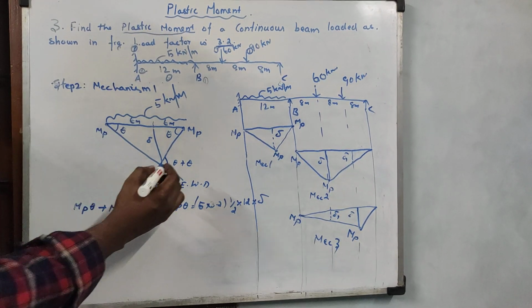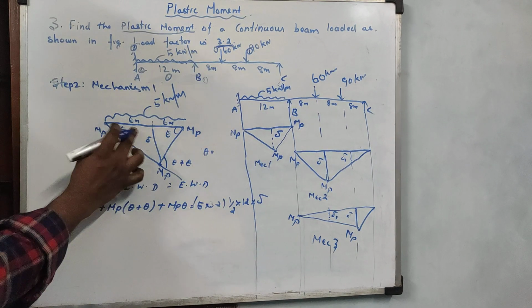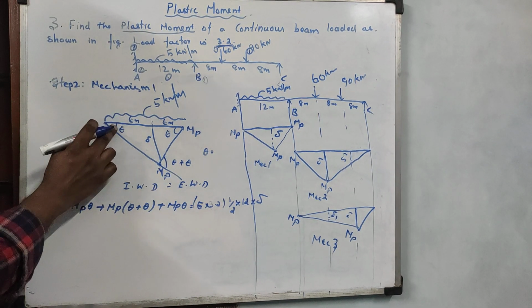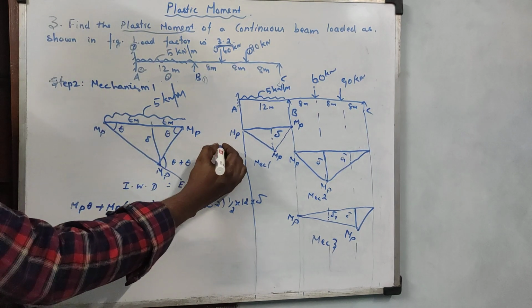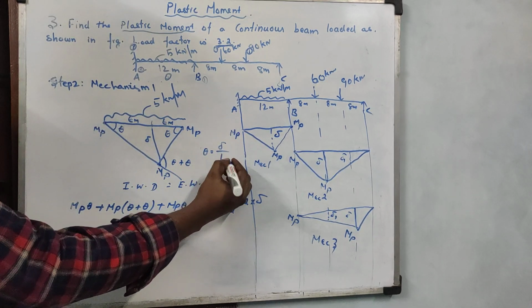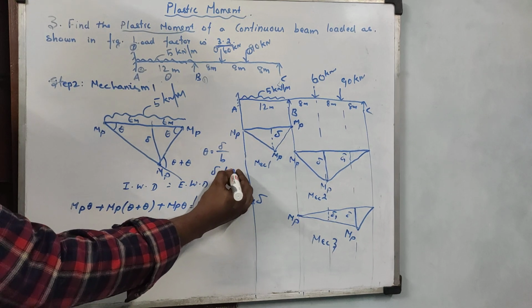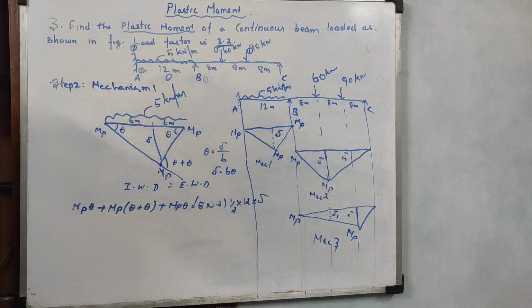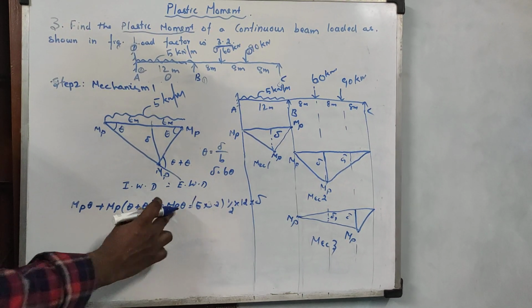To find the unknown, we know that theta equals opposite by adjacent. Here theta equals opposite, which is del, divided by adjacent, which is 6. Therefore del equals 6 theta. Here we have MB theta, 2 MB theta, MB theta.